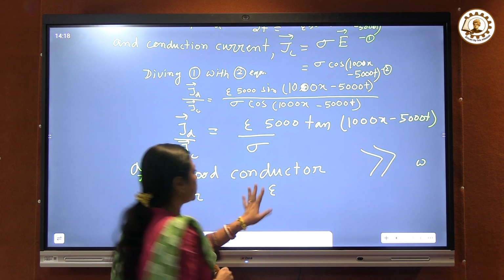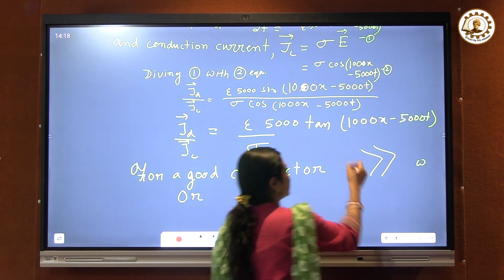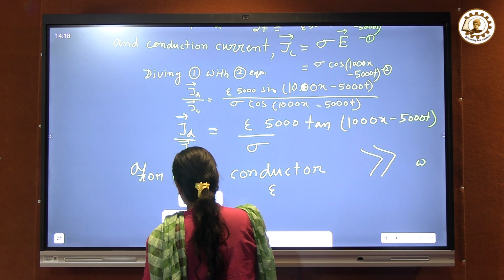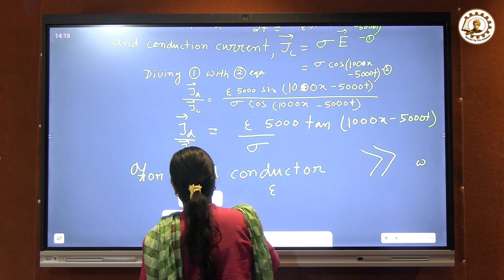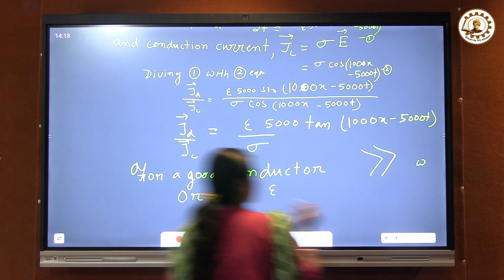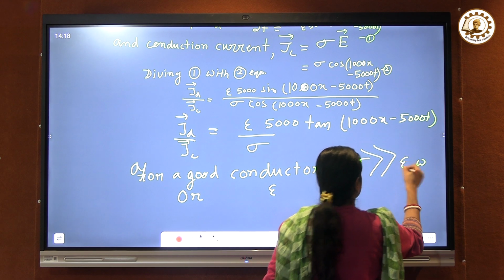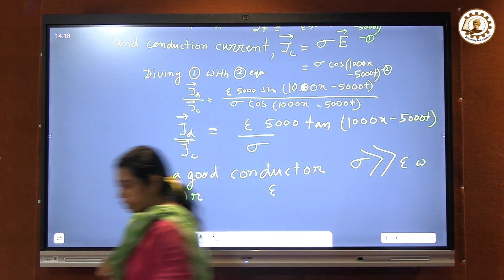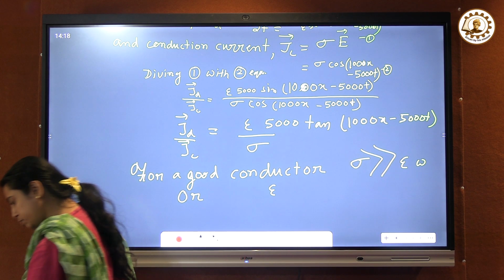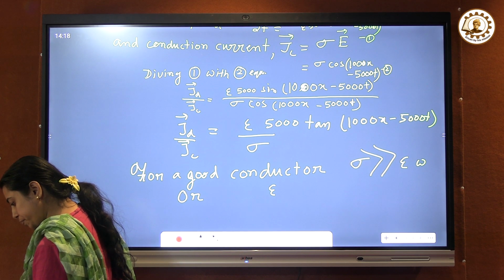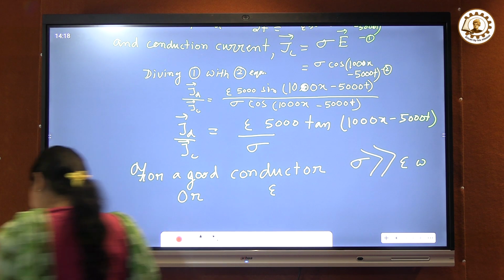So for a good conductor, sigma is much greater than epsilon omega. So for a good conductor, sigma is much greater than epsilon omega.